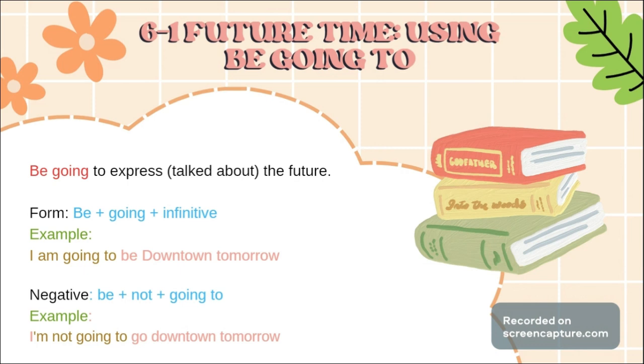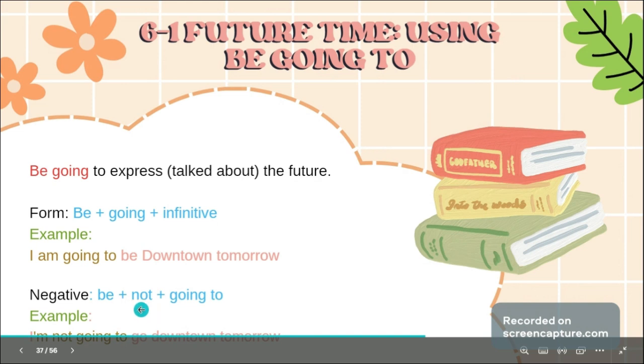So I am is the subject, be going to, downtown tomorrow. And negative, we have be not going to. Example, I'm not going to be downtown tomorrow. So we just add not in the sentence.